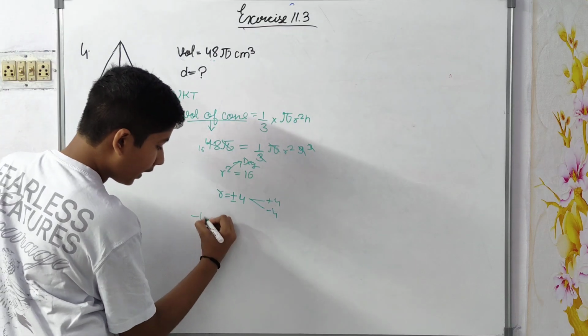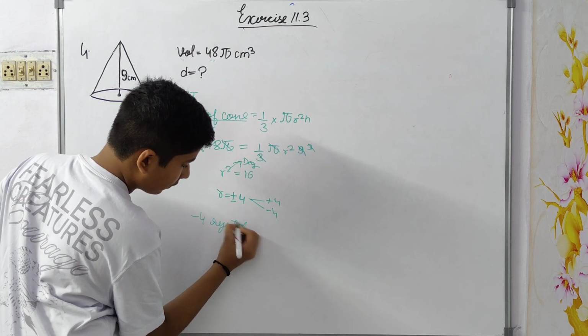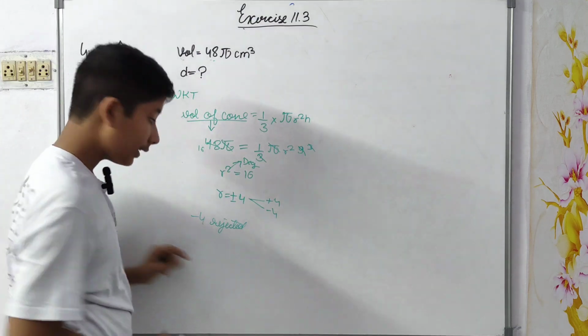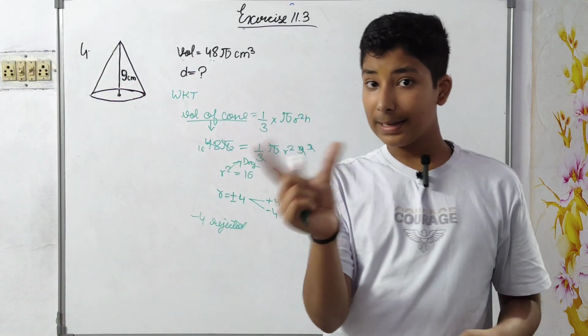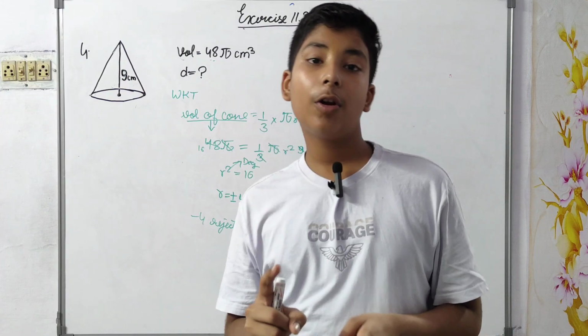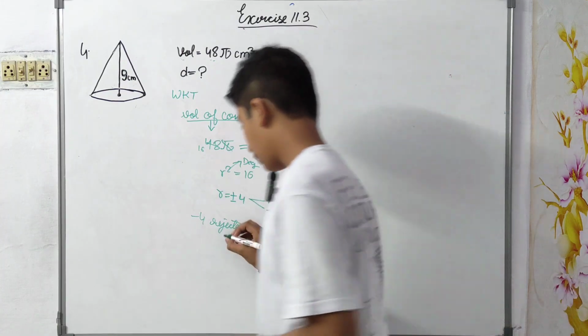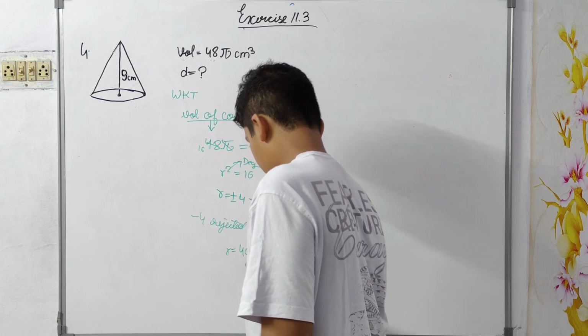But minus 4 is rejected. Why? Because the radius, or the length, or distance, cannot be negative. So r equals 4 centimeters.